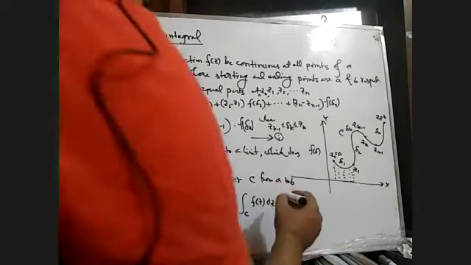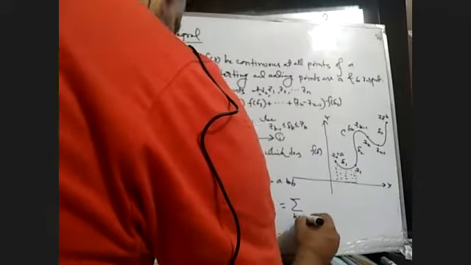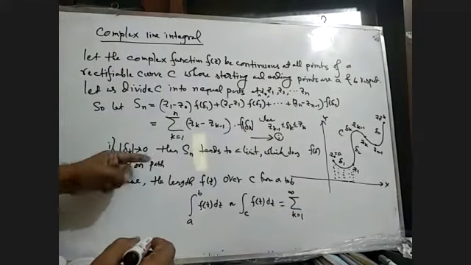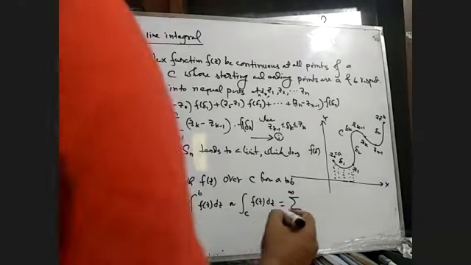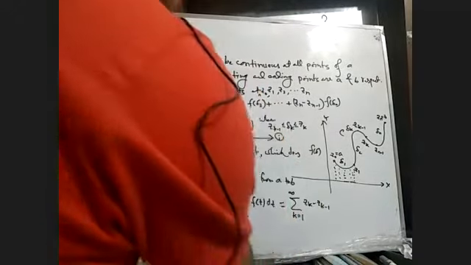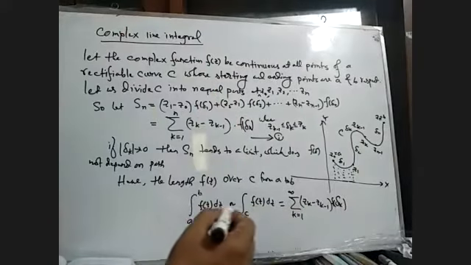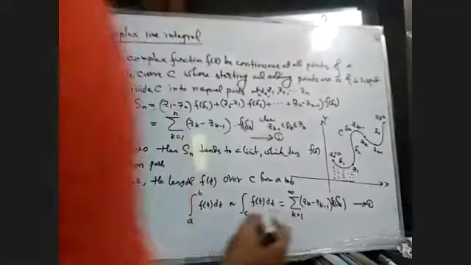The sum over k equals 1 to infinity, because delta k tends to 0, so k tends to infinity. Remember it. Z k minus 1, delta k, f of delta k, and this is equation number 2.